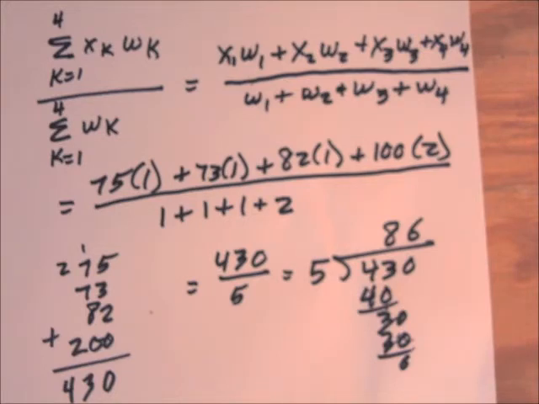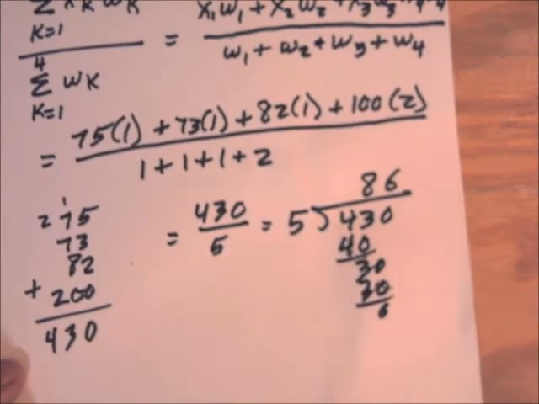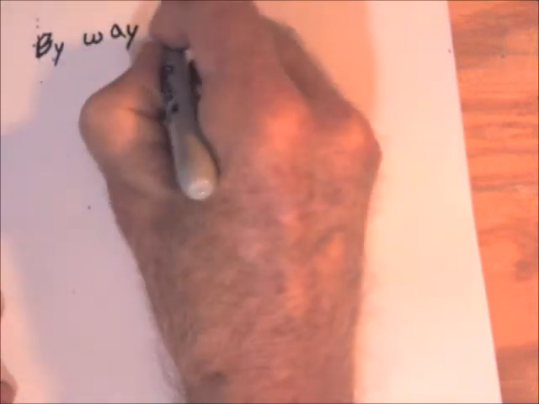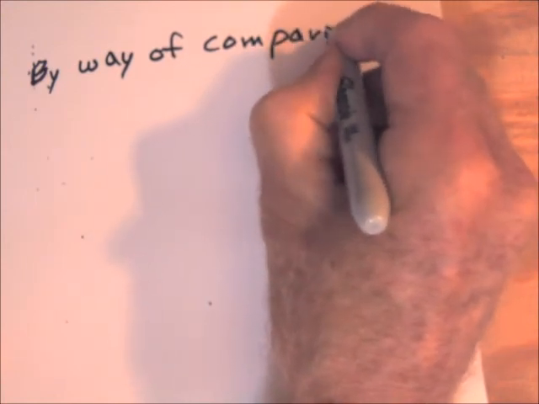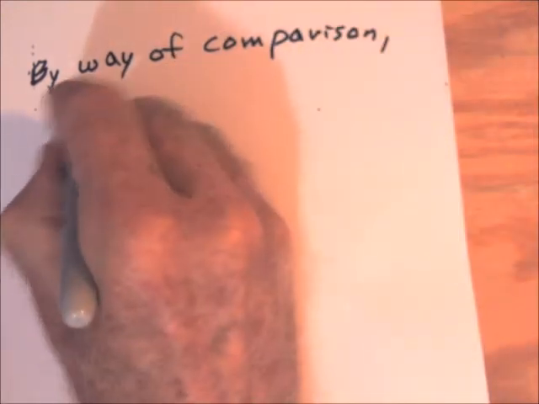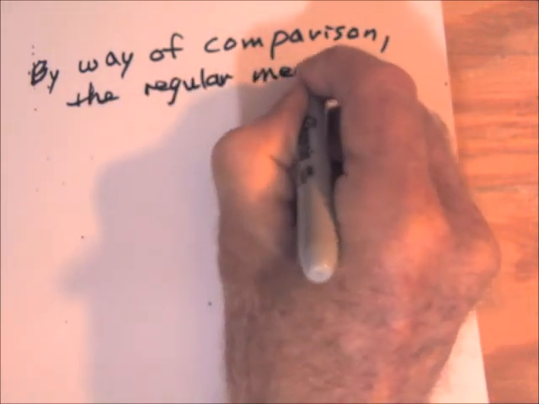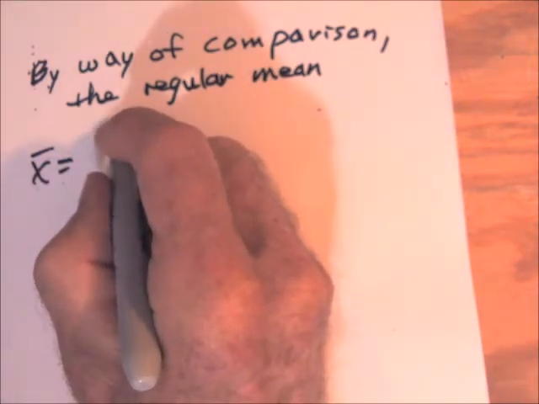Just by way of contrast, let's compute the regular mean, just for comparison purposes. The regular mean, we just add up all the scores and divide by the number of scores.